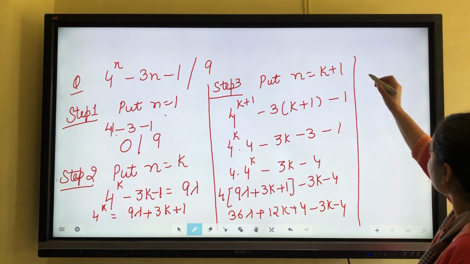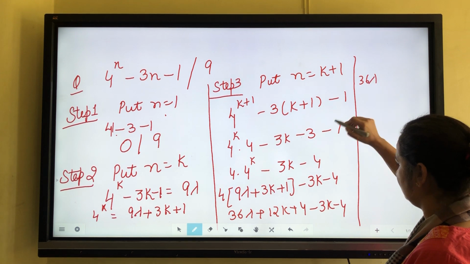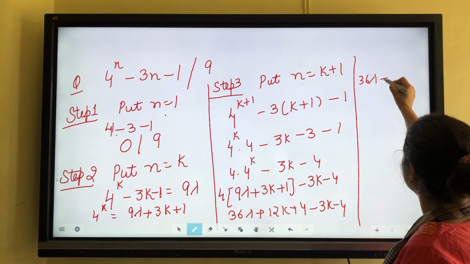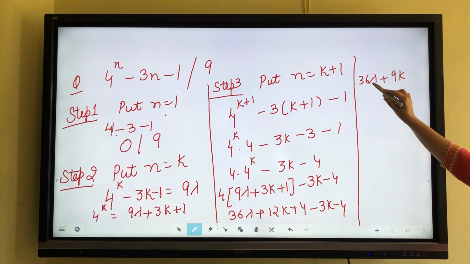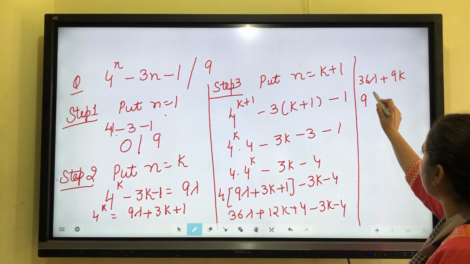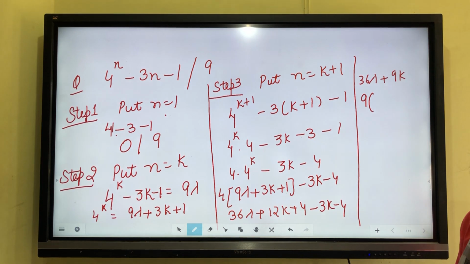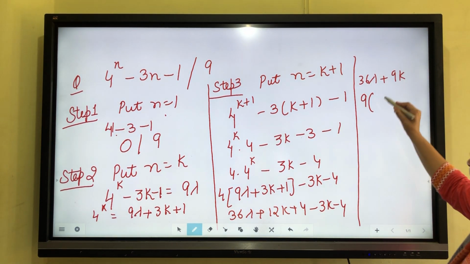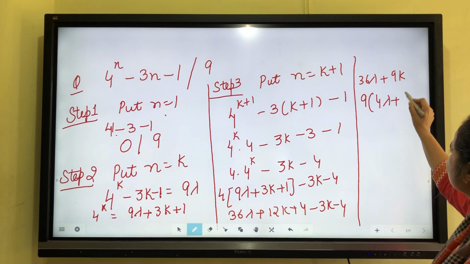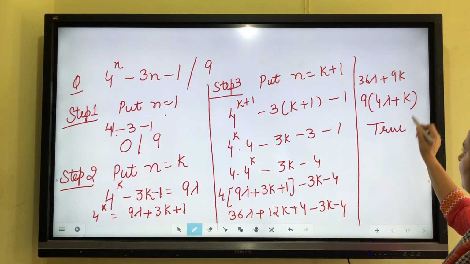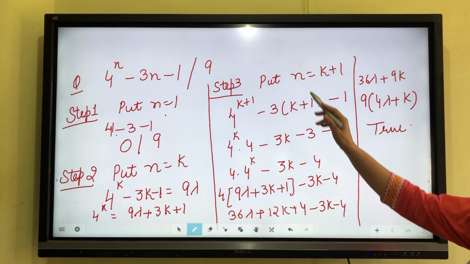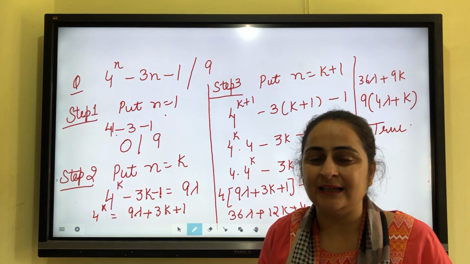Next 36 lambda plus 9k here. Lambda is also a multiple of 9, so I am able to take the common factor 9, giving 4 lambda plus k. If 9 is common, the result is true that the number is divisible by 9, that is asked in the question.